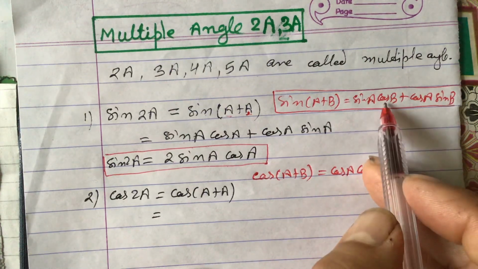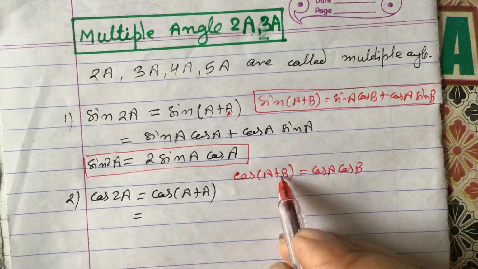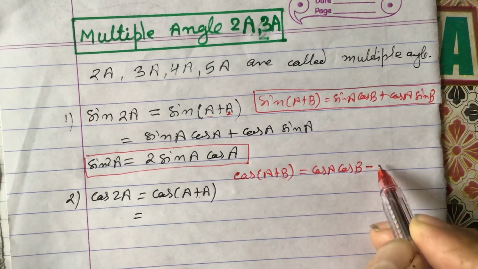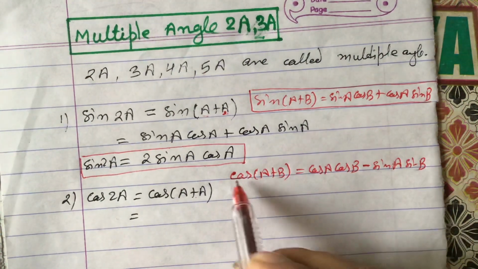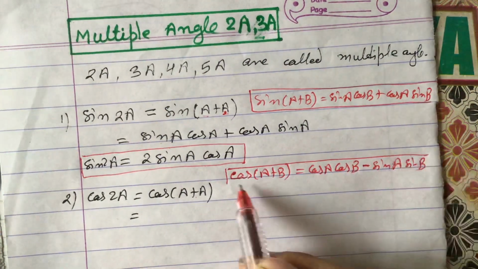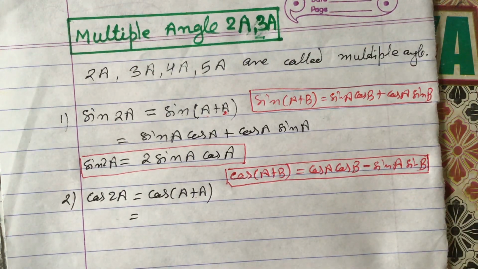Before, one sine and one cos was there. Now both cos. And if there is plus, the formula will be minus here. Now both sine, sine A sine B. This is the formula for cos A plus B, okay? This formula we can apply and then get the formula of cos 2A.